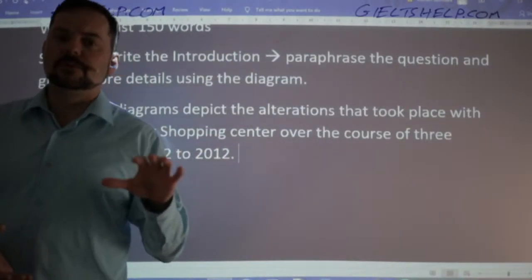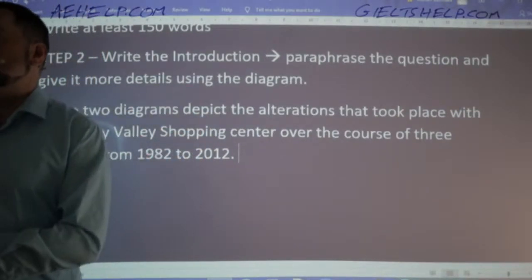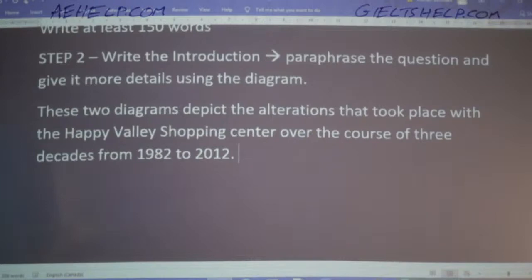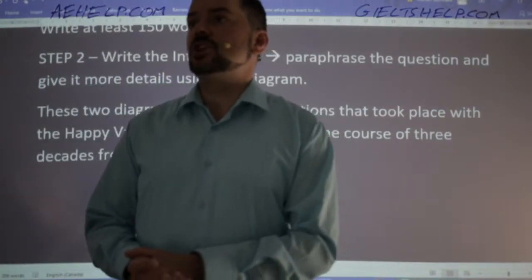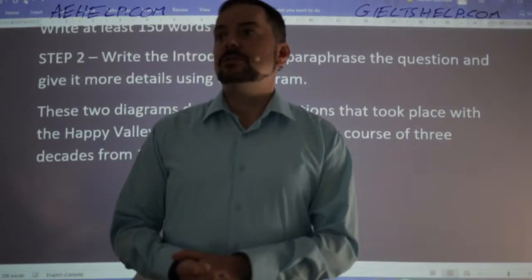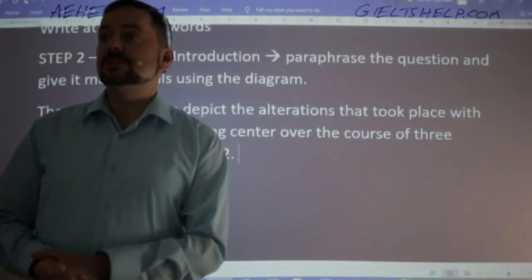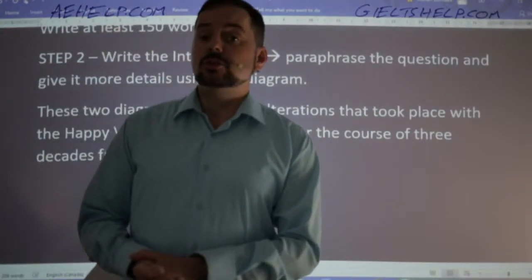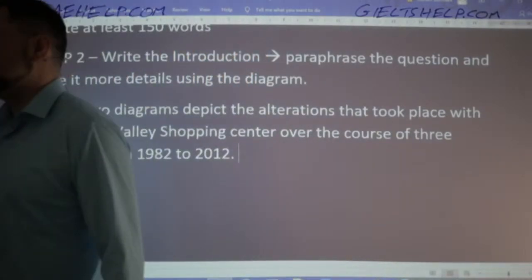When can be used for real conditions, so that's a bit different, but avoid using question markers like how. Okay. Deepika says, the figures demonstrate the evolution of Happy Valley Shopping Center over 3 decades from 1982 to 2012. Deepika, not bad, 2012, not 2002, and you do not need the IE. That's awkward in this case, okay?